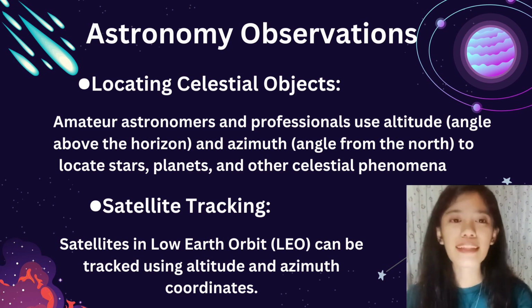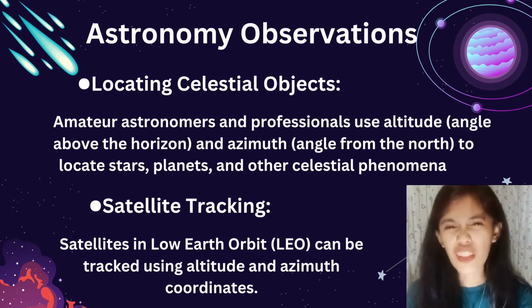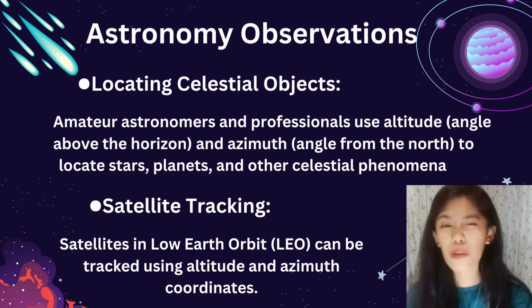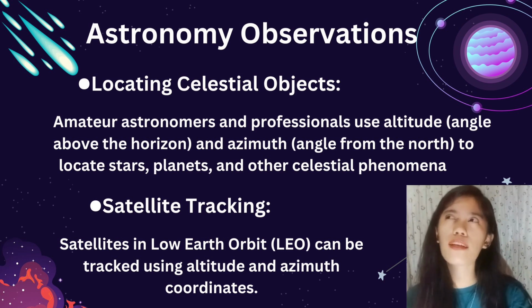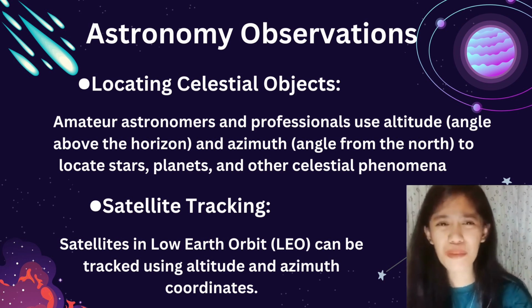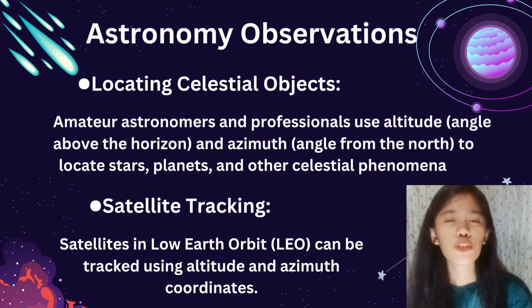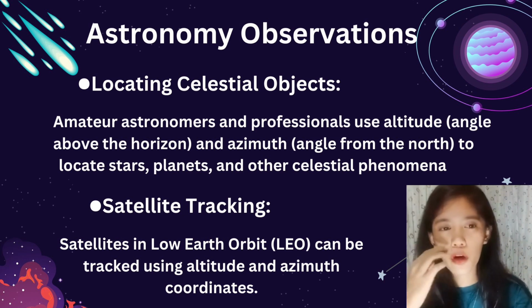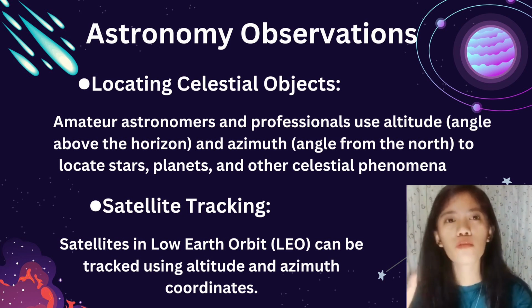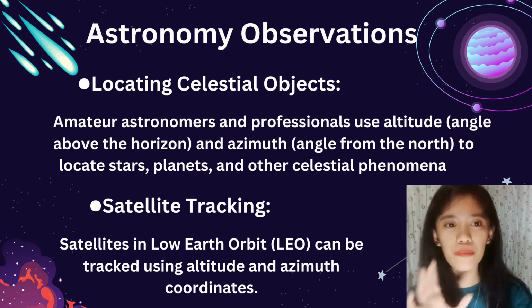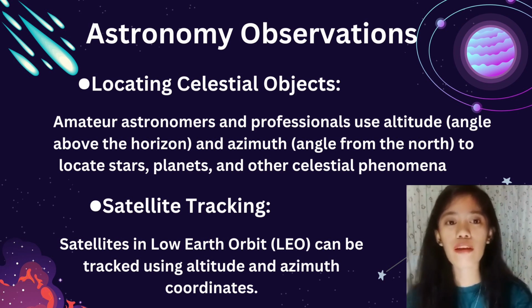Or when the satellites reflect sunlight, making them visible against the dark backdrop of space. It's amazing actually, especially shortly after sunset or before sunrise. How they calculate this is, of course, with the help of azimuth and altitude.